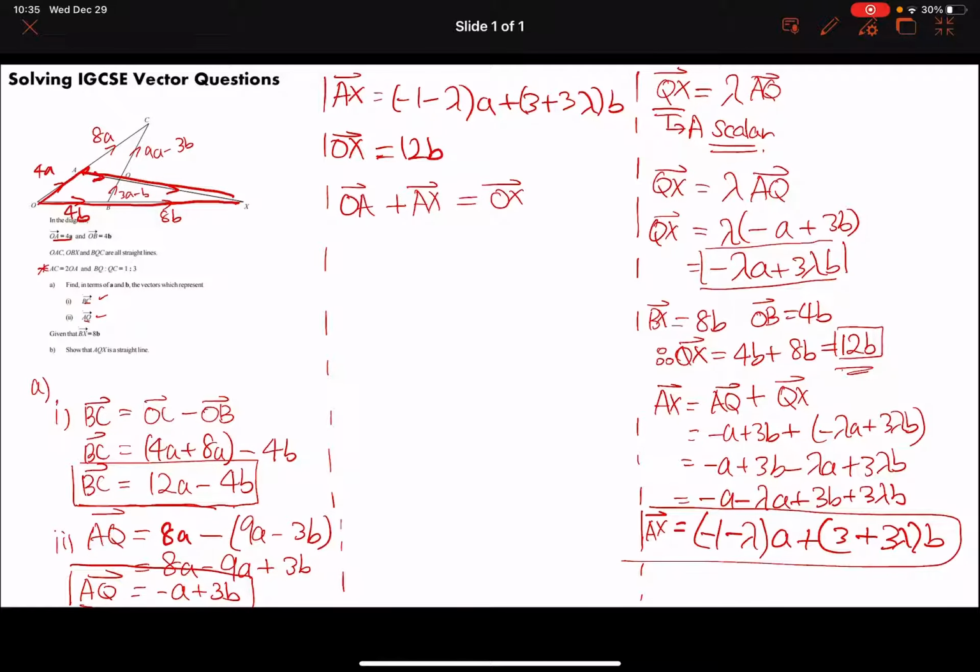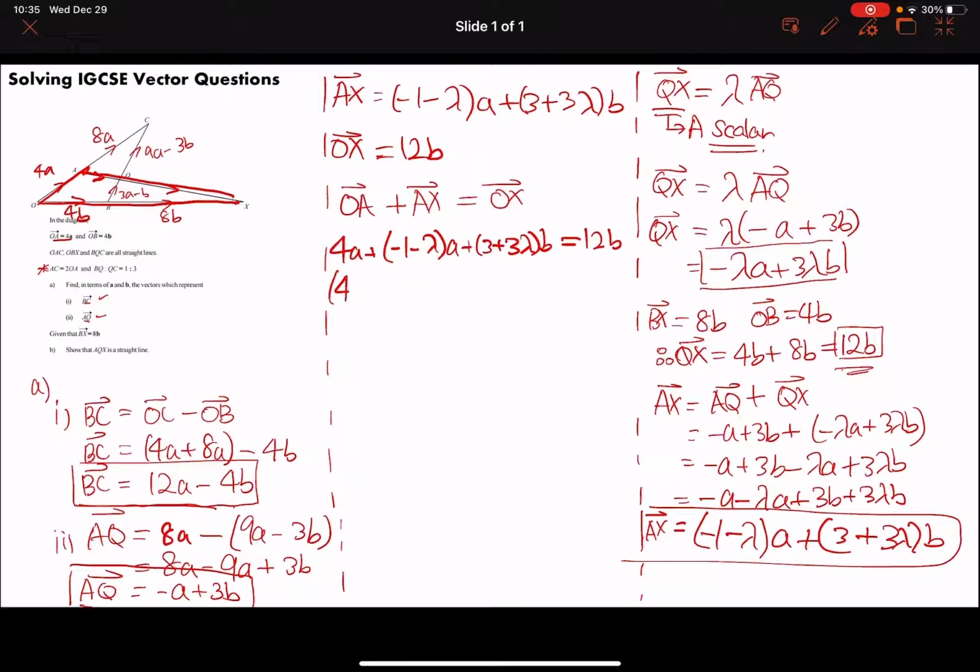As you know, OA is 4A, AX is negative 1 minus this A plus 3 this B, and OX is just 12B. Then we can factorize the A again.